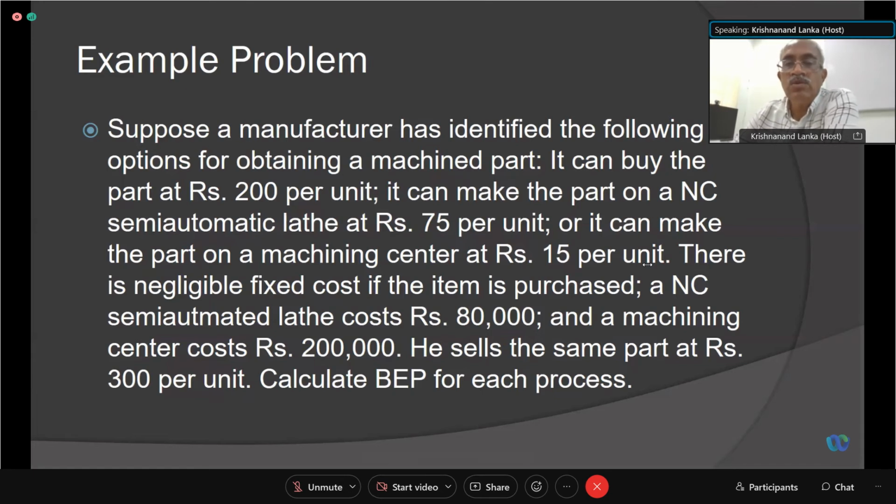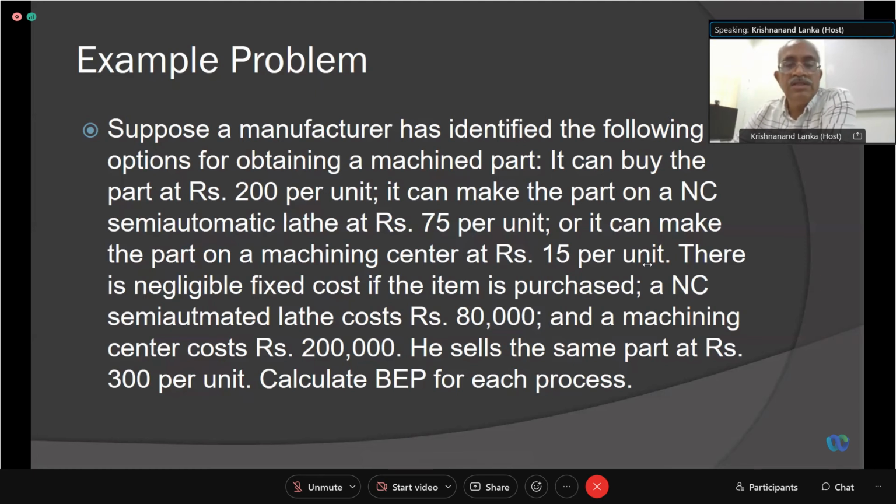But suppose you want to increase your profit margin, then in that case, you can set up your own unit to produce this same part. And here you can use either an NC semi-automatic lathe, where per unit variable cost will be 75, or you can make it using a machining center where per unit machining cost is 15 rupees, right?